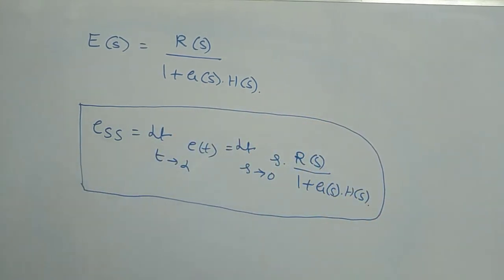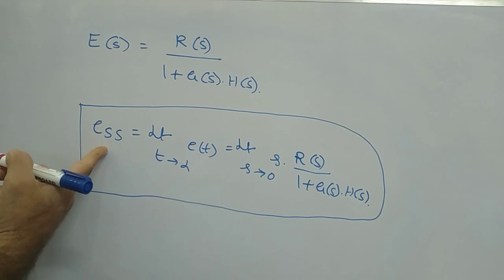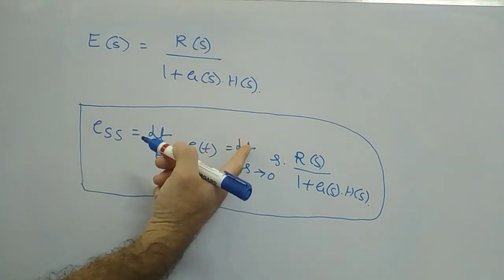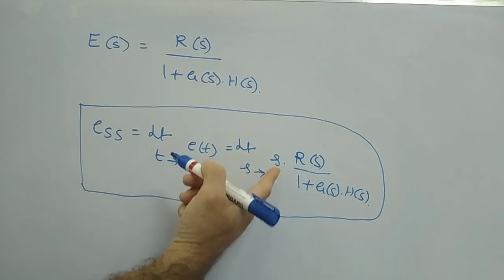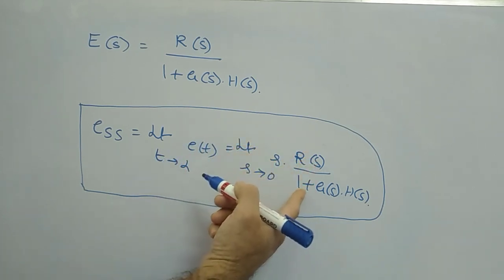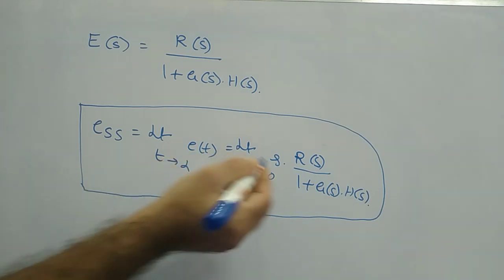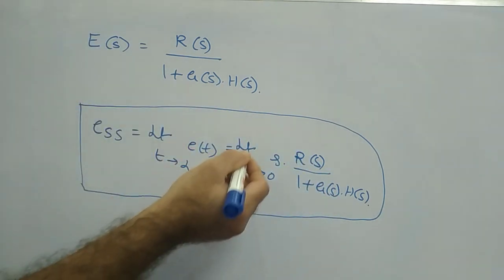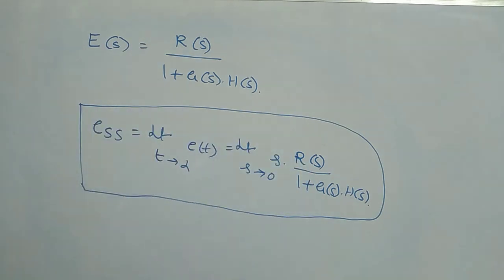This is the final definition. Therefore steady state error is equal to, you must remember, limit s tends to 0 s into R of s by 1 plus G of s into H of s. This formula you must remember always. E_SS is equal to limit s tends to 0 s into R of s by 1 plus G of s into H of s.